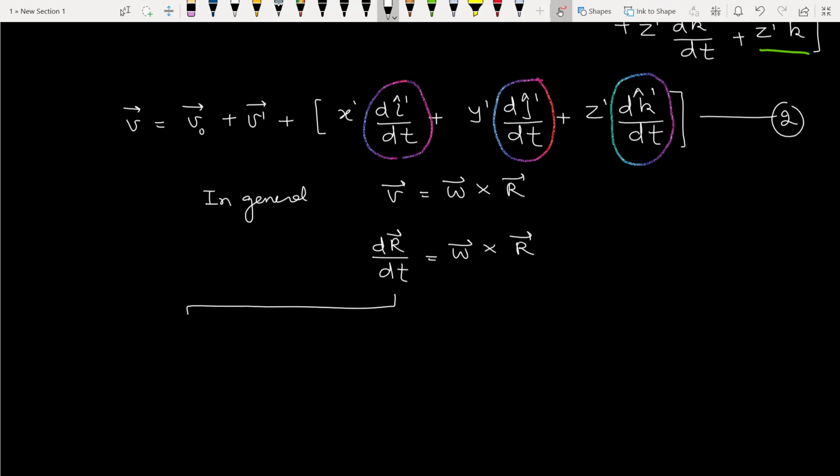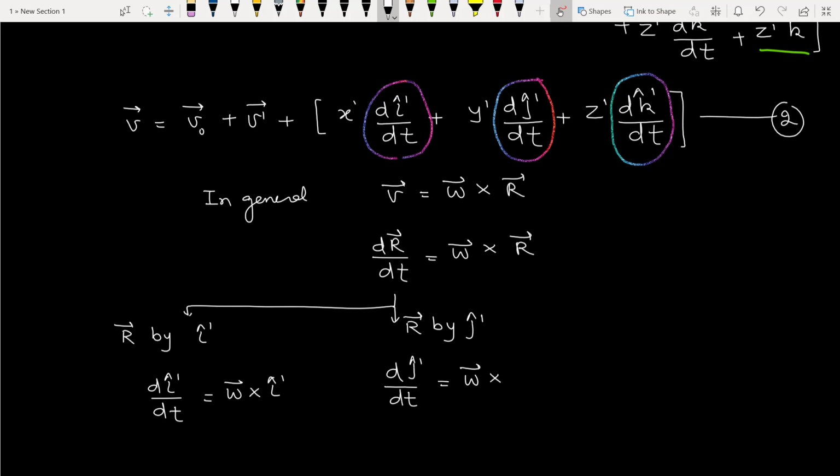So if we replace R vector by I cap dash, it will be d I cap dash upon dt, it will be omega cross I cap dash. If we replace R vector by j cap dash, it will be d upon dt of j cap dash, it is omega cross j cap dash.